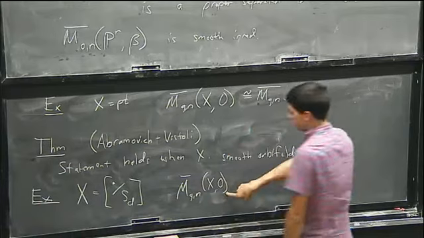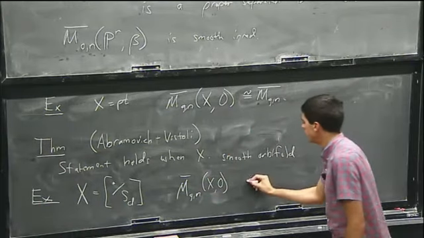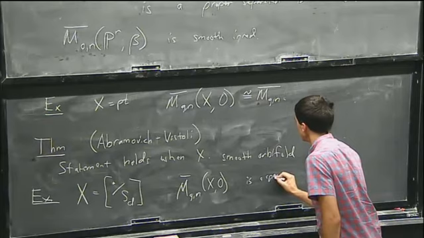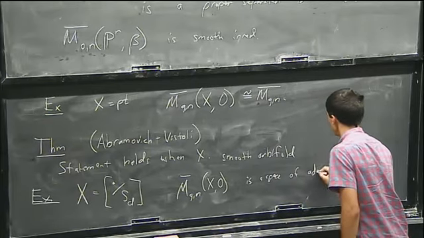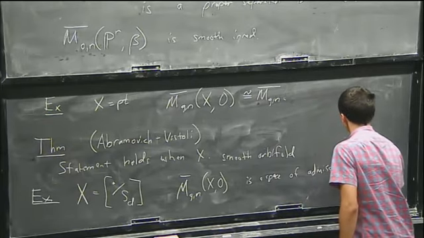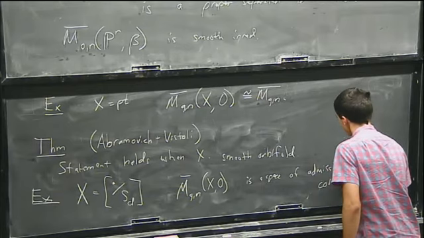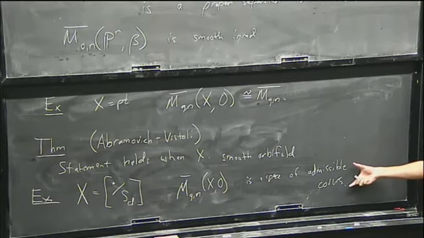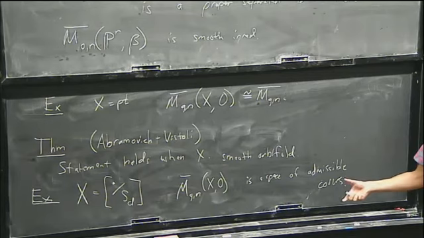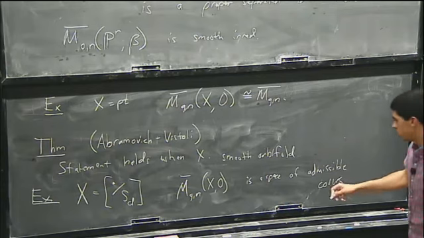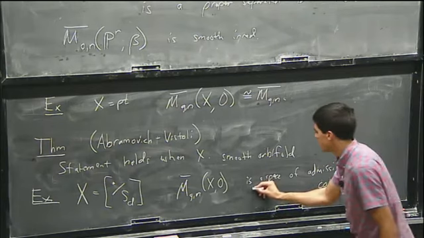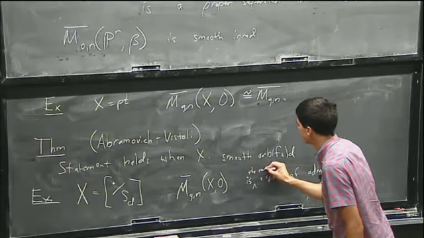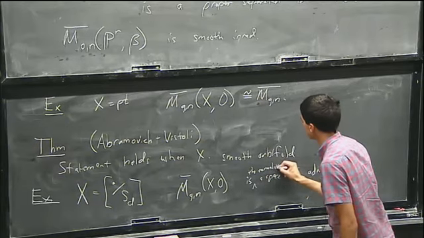The space of stable maps to this orbifold is a space of admissible covers. These were introduced by Harris and Mumford in the 80s, and they're a compactification of Hurwitz spaces, so spaces of covers of curves. To make this completely precise, it is the normalization of a space of admissible covers.